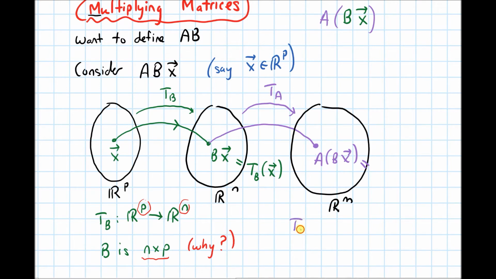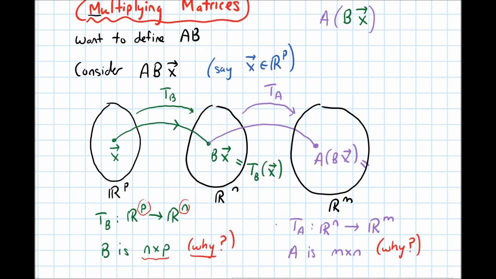That linear transformation T sub A has domain Rn and codomain Rm. Because of that, A, the matrix associated with it, is an m by n matrix. Make sure that you see why, just like with B. Make sure you see where the size comes from.